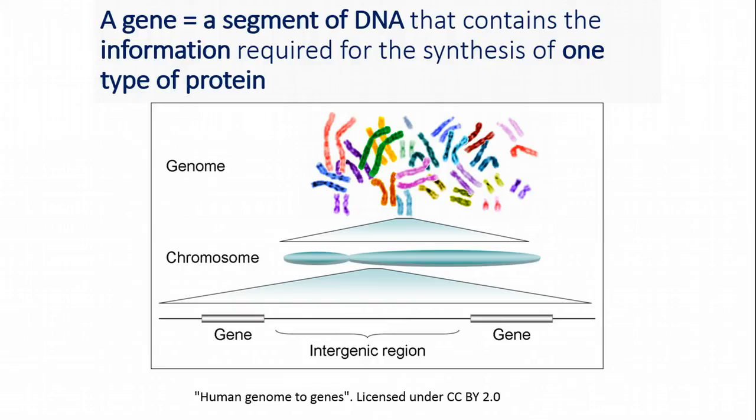So our genome is a collection of these large chromosomes, and if we zoom in further, we can see that the chromosome is a linear sequence of nucleotides, and a portion of that linear sequence, however long it might be, is called a gene. So let's imagine this is 200 nucleotides long. This gene will encode for one specific protein. So again, a gene is just a block of DNA that encodes for a protein.